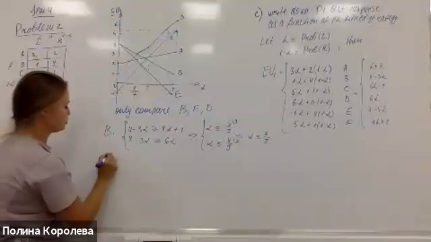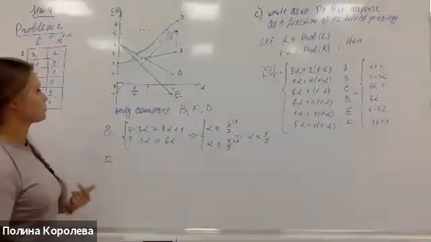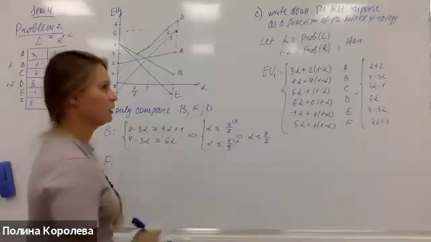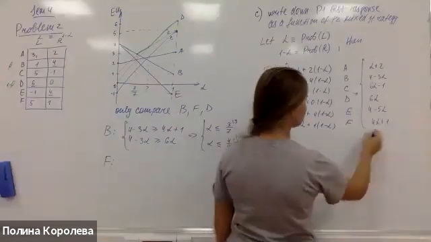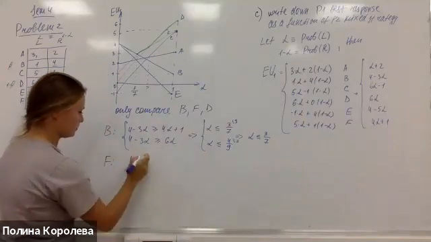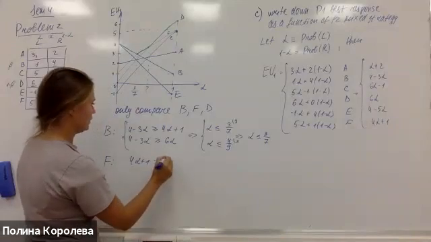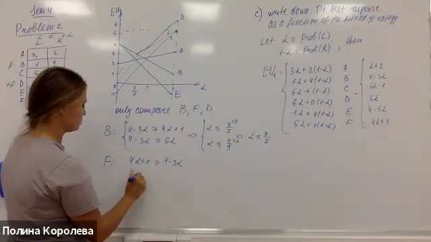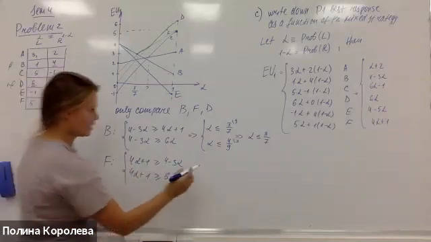Next, when will we choose F? When it gives us the maximal payoff. When it is true, let's see, F for alpha plus 1 should be greater or equal to 4 minus 3 alpha, it's from B, and for alpha plus 1 greater or equal than 6 alpha at the same time.